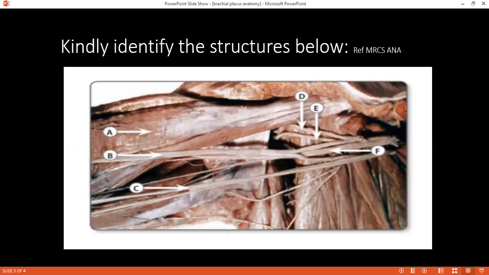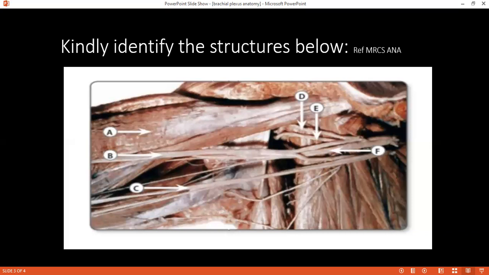How are these cords named? Can you tell me? They are named by their relation to the axillary artery, the second part of it. If there is an injury to the brachial plexus, what are the types of injuries that you can expect?